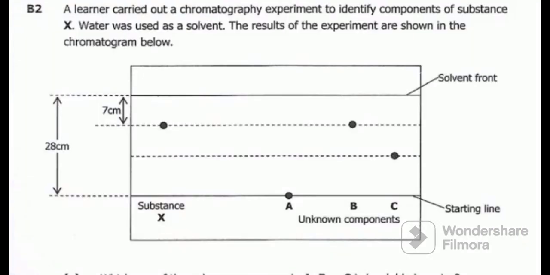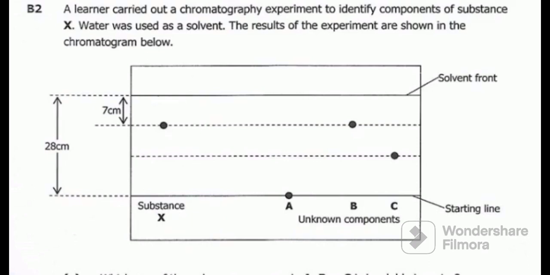Now let us determine the distance traveled by the component. That is where the B component and substance X have reached. How can we find this distance?